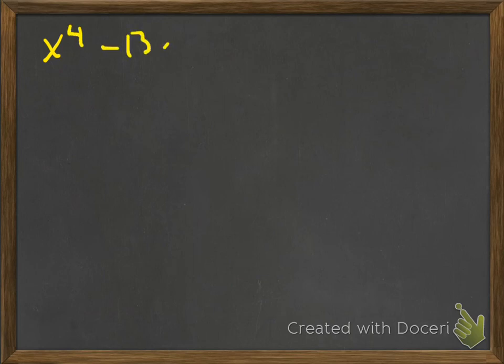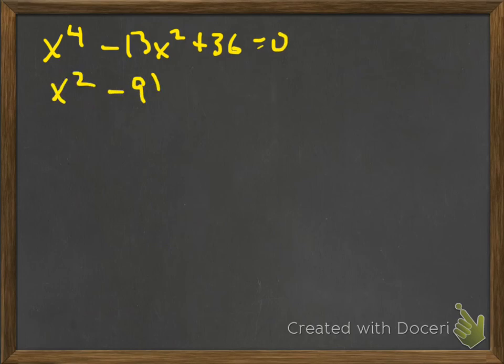So let's go to this one, x to the 4th minus 13x squared plus 36. I can factor that, thinking of it like an x squared. When I split up x to the 4th, you're dividing it into equal halves, so you have x squared, and then a minus plus is a minus minus, and 4 times 9 gives me 36, 4 plus 9 gives me 13. So again, going back to those factor rules, just a little bit different than what we've seen before.